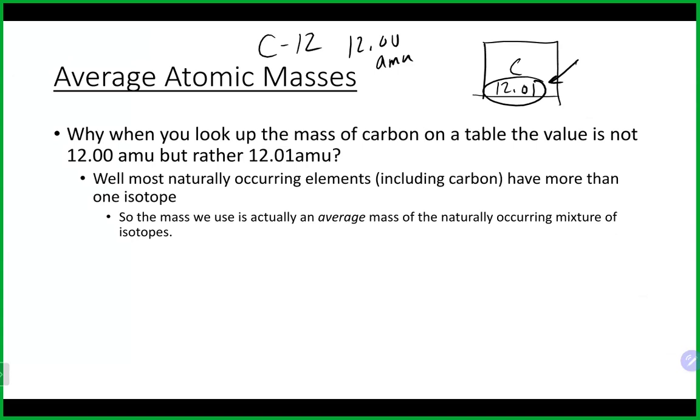The reason for that is what we actually see on the periodic table is the average atomic mass, even though nobody really calls it that, of all the naturally occurring isotopes for that particular element.